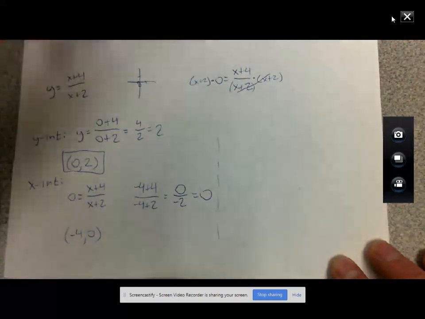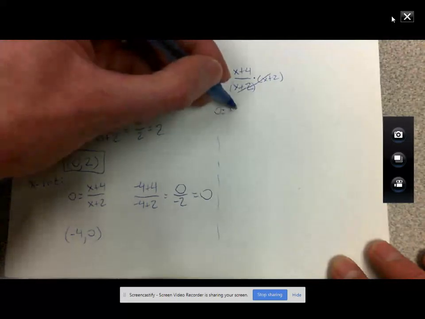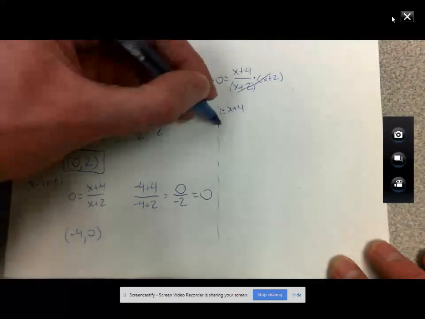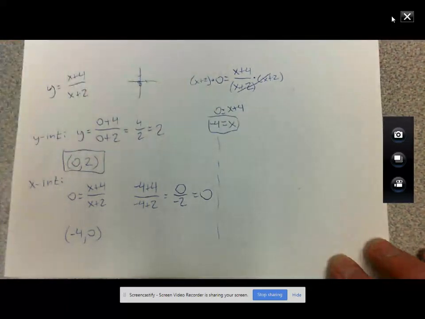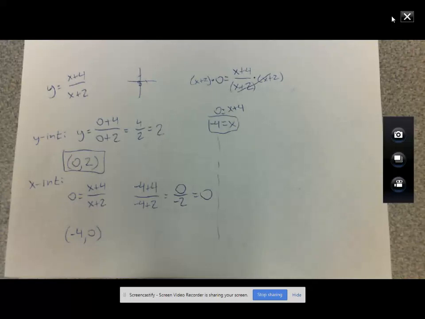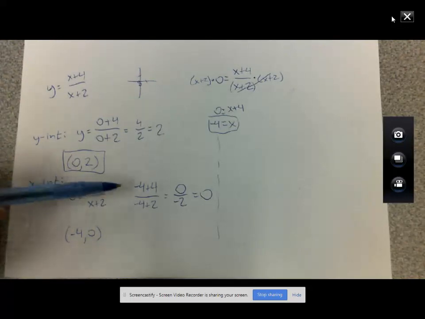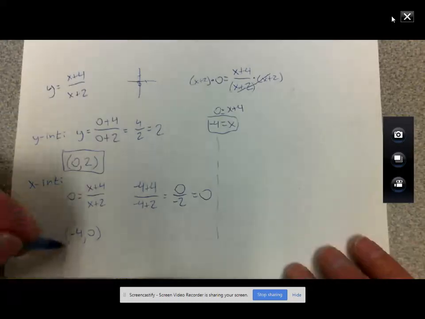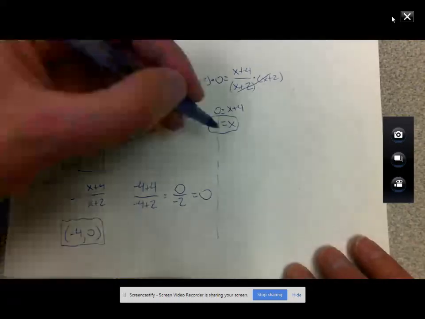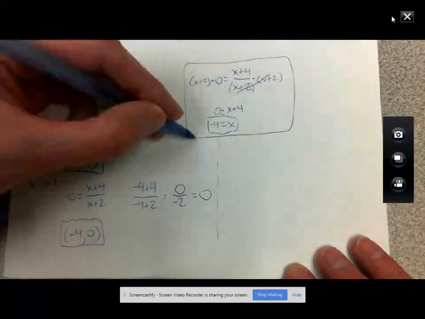Well, 0 times anything is 0. And then I could solve for x from there and see that x equals negative 4. So you could solve for x by using algebraic reasoning. You could also look at the problem and say, well, I know 0 divided by anything is going to be 0. So what would make the numerator 0? Well, negative 4 plus 4 would be 0. Either way, you get the same answer: the x-intercept, negative 4, 0. Okay, so that was a little offshoot there.